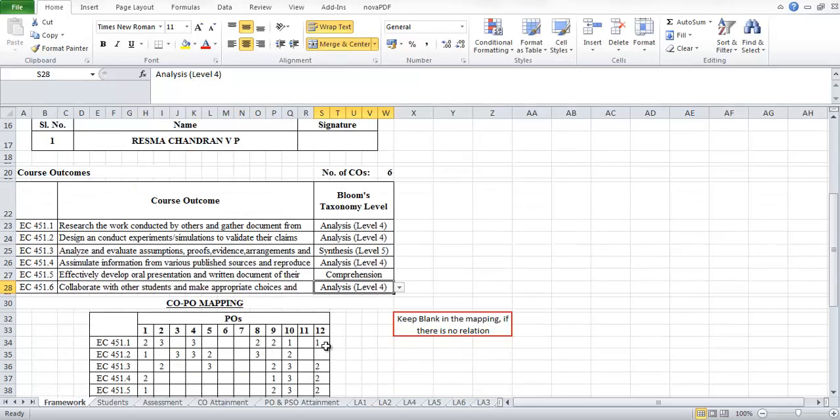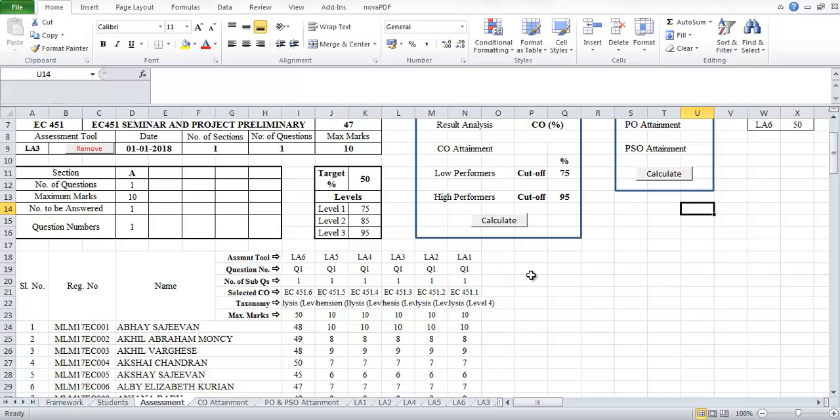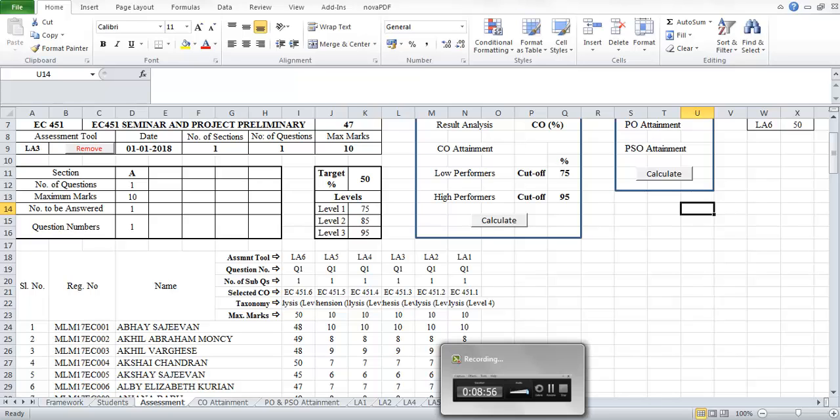Since the design project is not a very high credit subject, the number of COs can again be not more than 5 or 6. Even 3 COs are okay, and based on that we have to divide and enter the marks that we have given for the internals, and then calculate the COPO attainment. That is how we get it for seminar, project preliminary and design project.